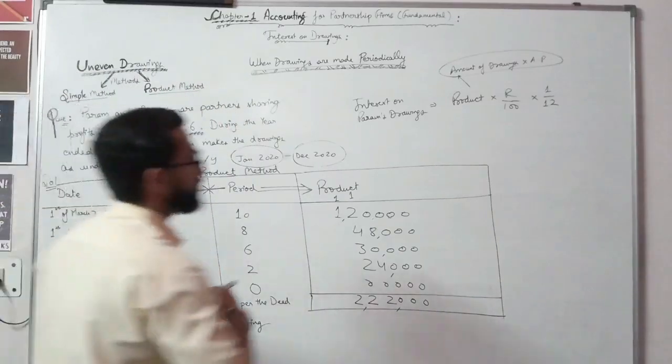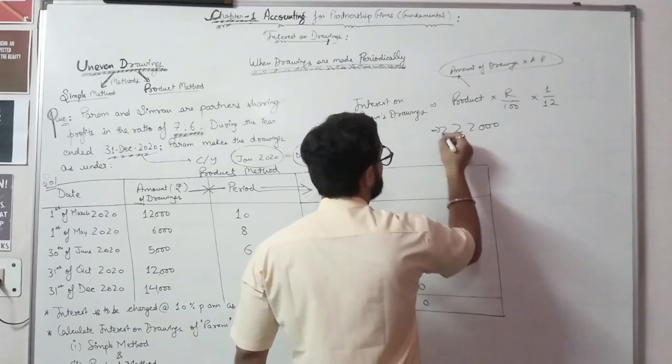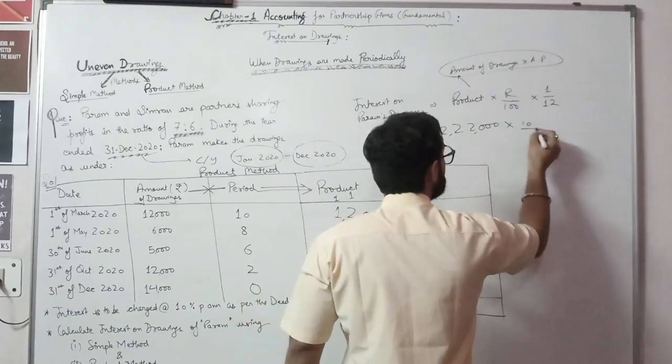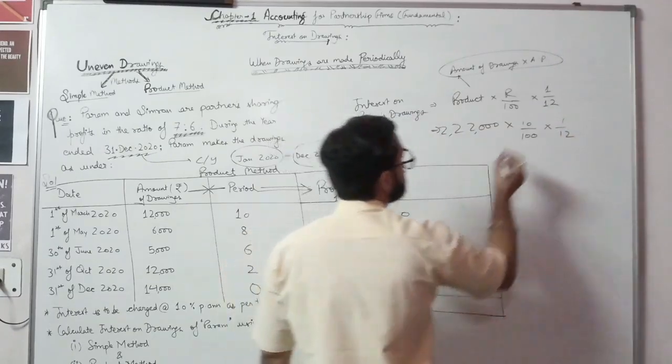Okay. Now the product is 2,22,000. Rate is 10% upon 12. Let us solve it.